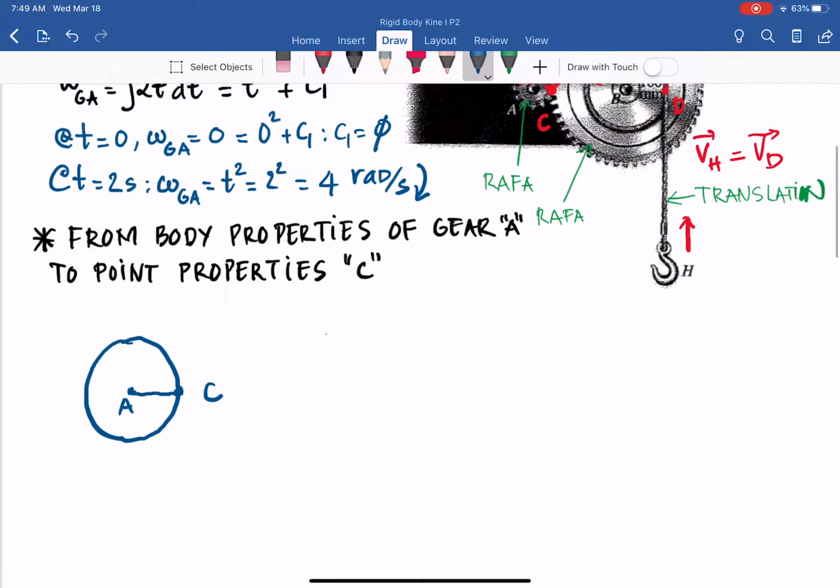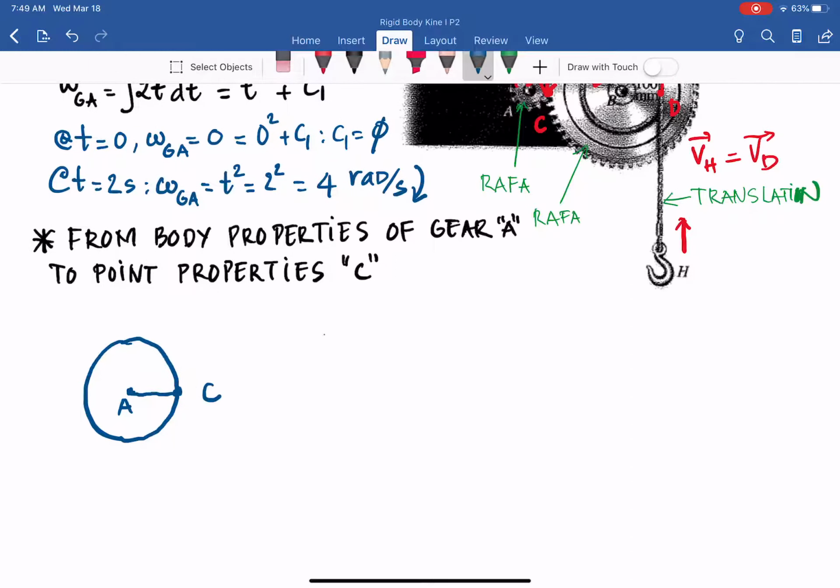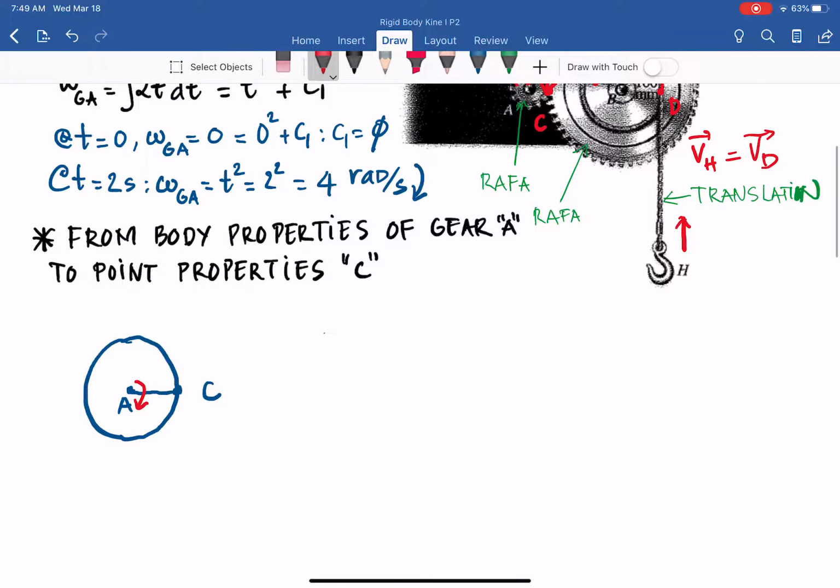So now let's continue to do the sketch here. So we have alpha and omega clockwise. So we have omega GA. Actually, we don't even need to draw the alpha of GA. So that one equals 4 radian per second.